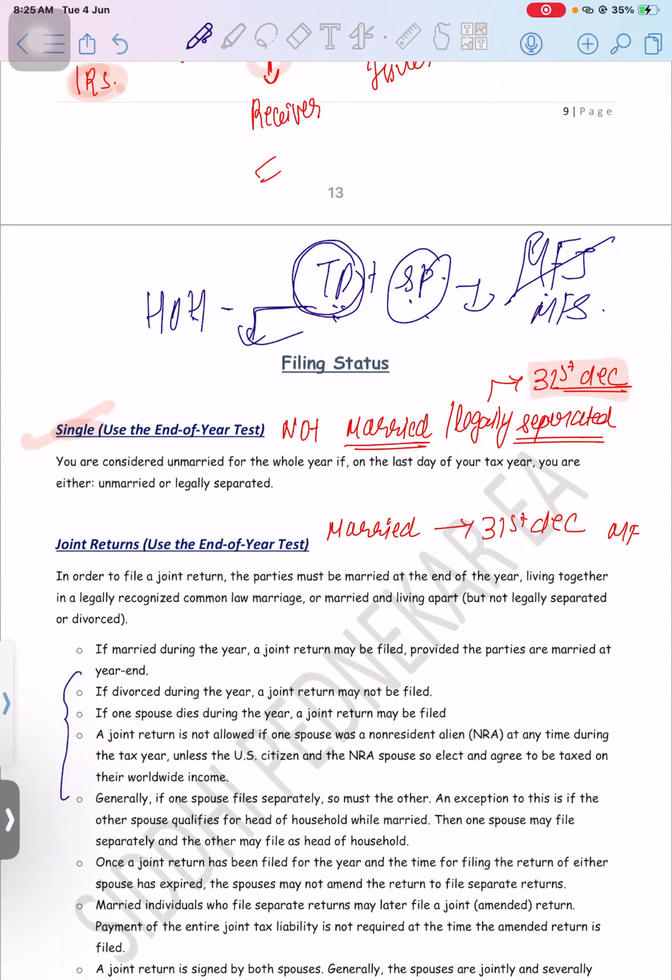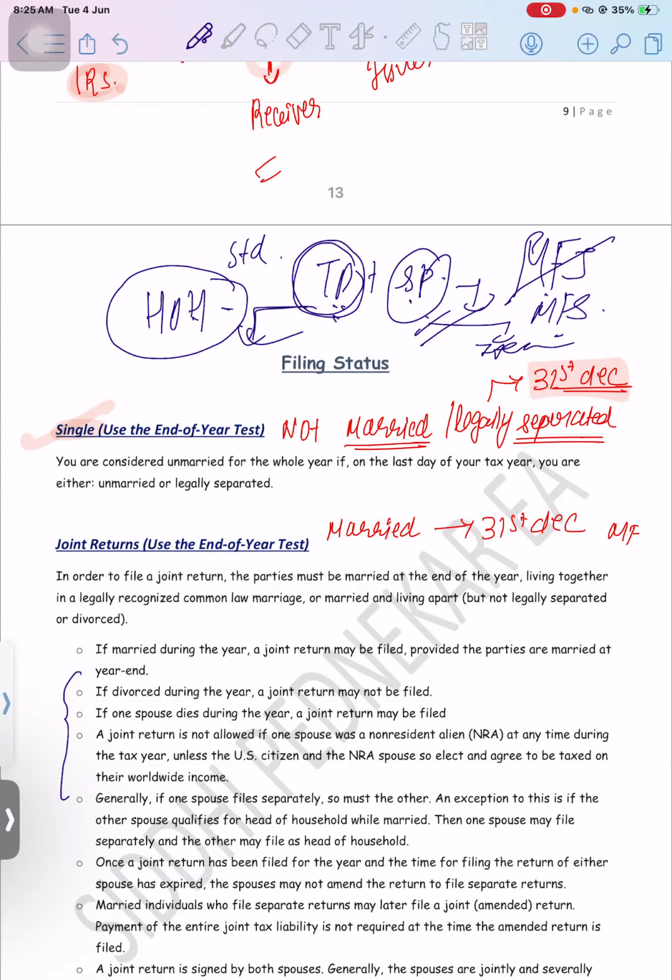Now the next question is, in a joint return while married, the taxpayer qualifies for HOH, so the other spouse can file MFS. Yes, it is correct. In this scenario, if one takes the standard deduction, then the spouse also takes the same standard deduction. They both cannot have different benefits. If in HOH he is taking a standard deduction, the spouse will also go for the standard deduction. The spouse cannot go for itemizing the deduction.